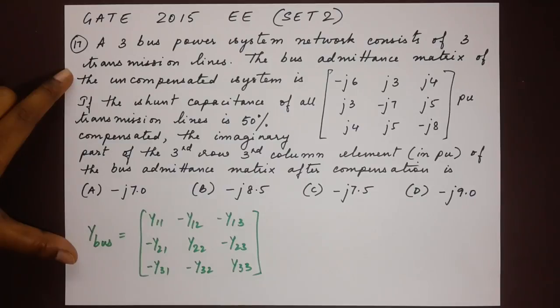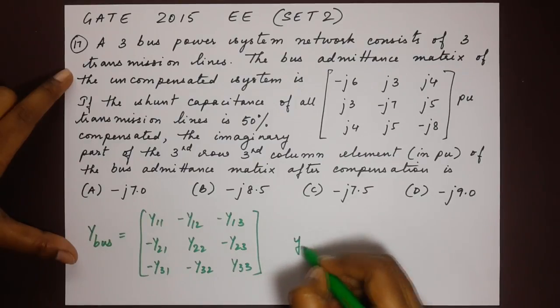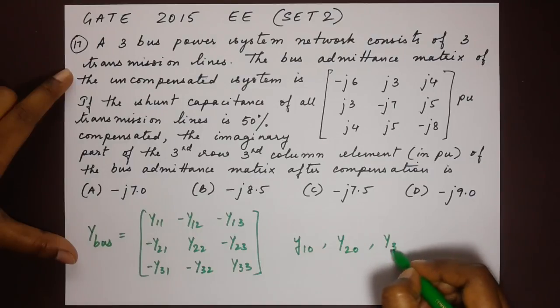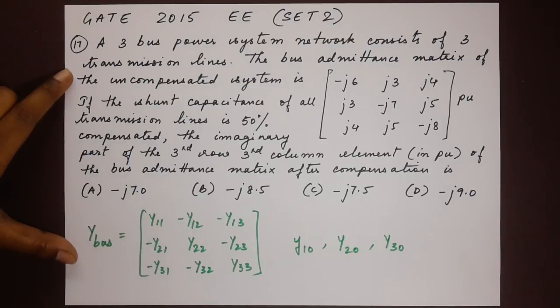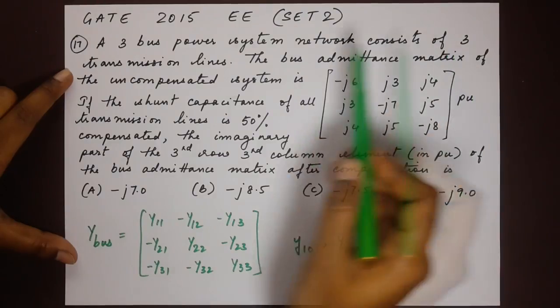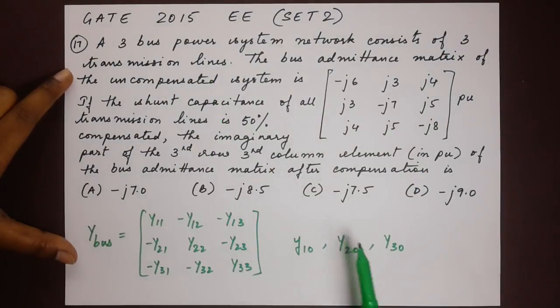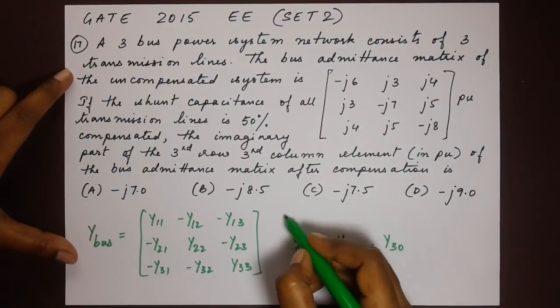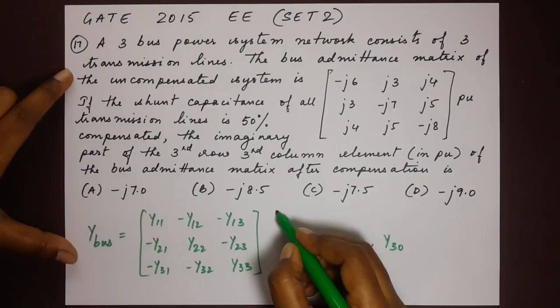Okay, so the next step is to find out the admittance between the bus and ground. Now between the bus and ground we note those admittances as Y10, Y20 and Y30. Because here the question says that we have 3 transmission lines, so we will have to find out the admittance of each line between the bus and the ground. So I'll write that down.